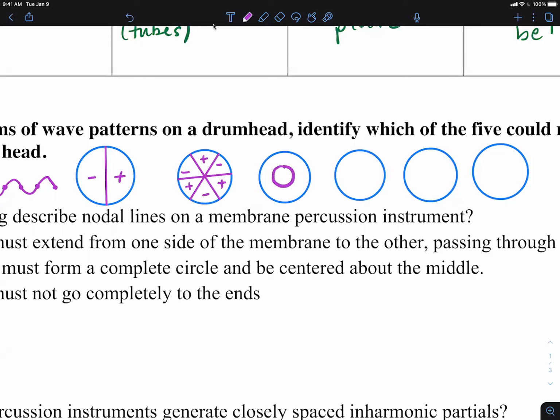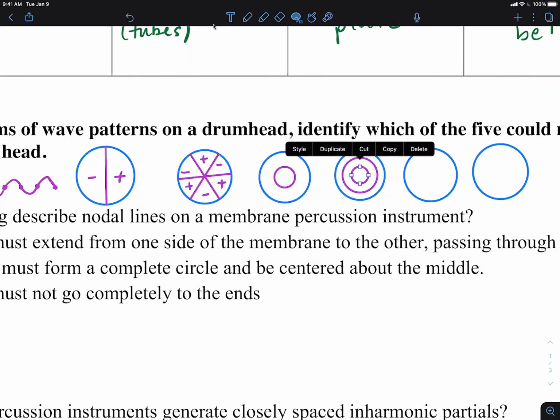And then the others are circles, and they should be right in the middle of the other circle. You can also have one that is bigger and one that is, say, smaller.